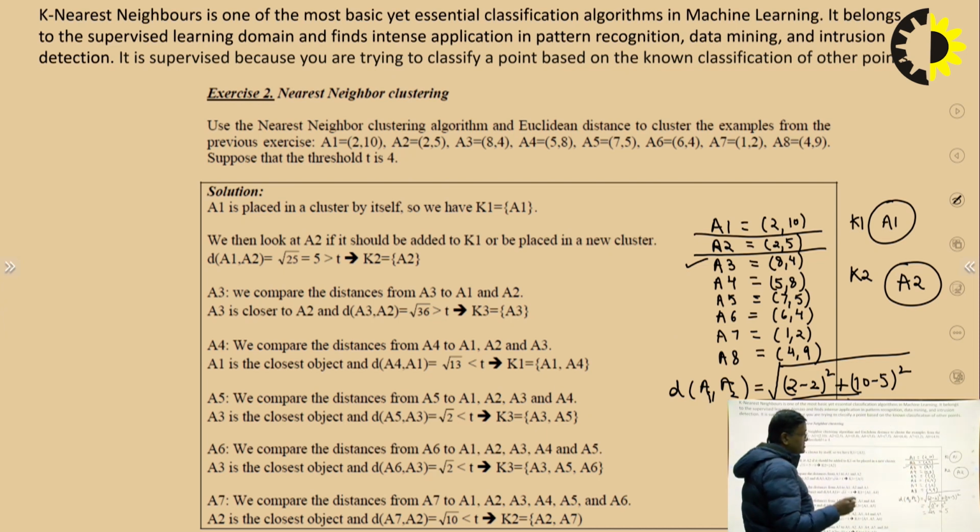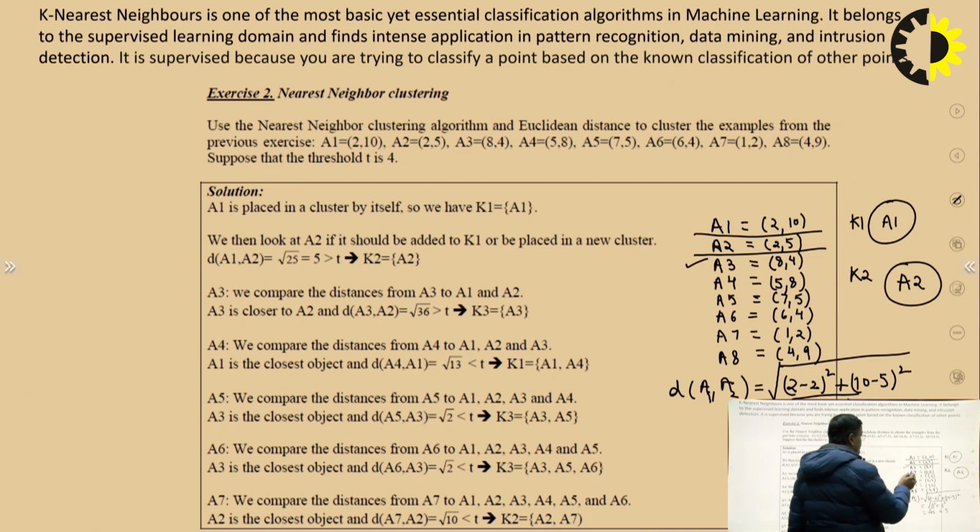So we will have to check the Euclidean distance of the next new point with respect to all the existing points in the existing clusters. So you will check the Euclidean distance of A3 with respect to A1 and with respect to A2.